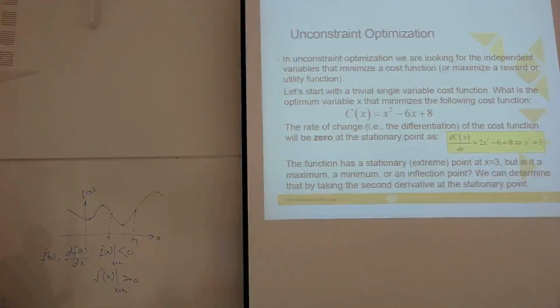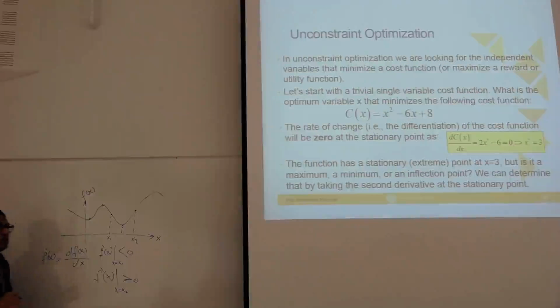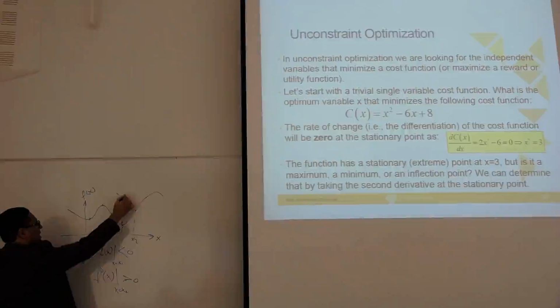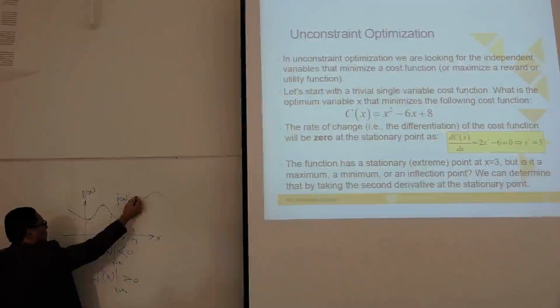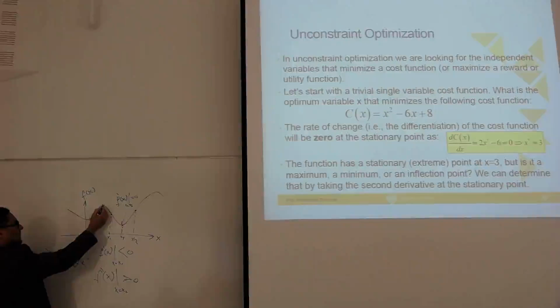Okay, and at the extreme points, usually the rate of change is equal to 0, because we are going down, then we reach the bottom. At the bottom here, if this is x3, f dash of x at x equal to x3 is equal to 0. It is the same also here.